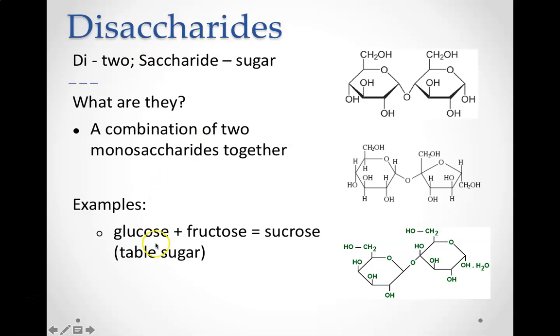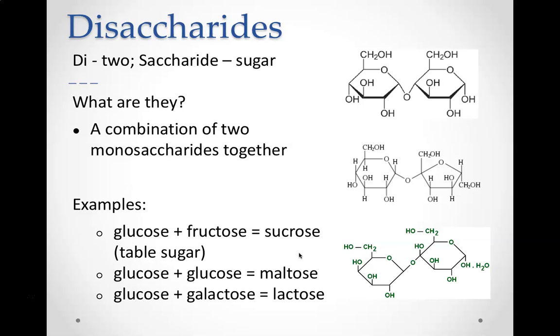So glucose and fructose, if we attach those, we get sucrose, which is table sugar. If we combine two glucose molecules, we get maltose. If we combine glucose and galactose, we get lactose, which you may have heard about if you know people who are lactose intolerant. That's that molecule there.